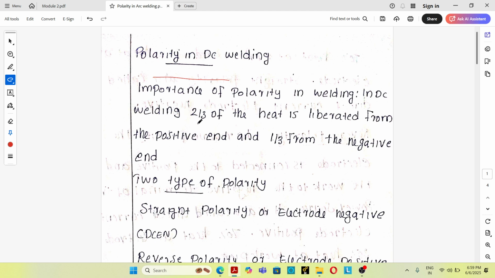In DC welding, 2/3 of the heat is liberated from the positive end and 1/3 from the negative end. 2/3 means about 70% of the heat is liberated from the positive end and 30% from the negative end.